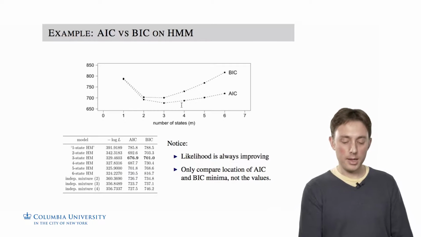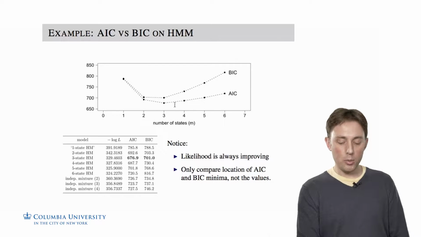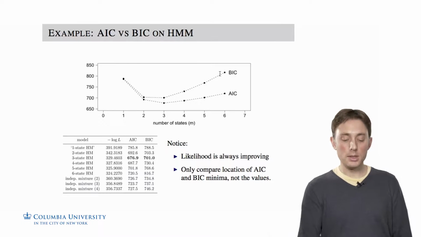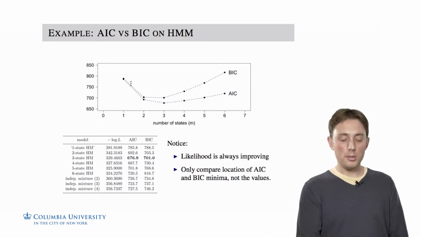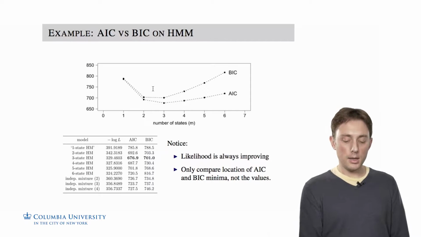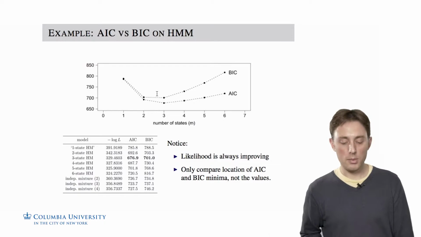So here's a plot of that, and we can see that as we add more states, the AIC and the BIC are both improving, but then at some point we start overfitting our data, and both the AIC and BIC start to increase. Because the BIC penalizes model complexity more, the BIC is always greater than the AIC, and also looks like it is potentially picking a less complex model.